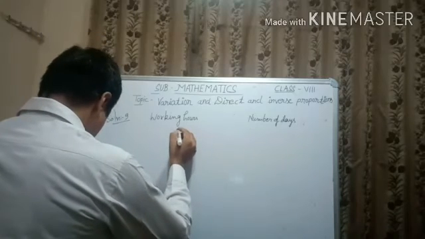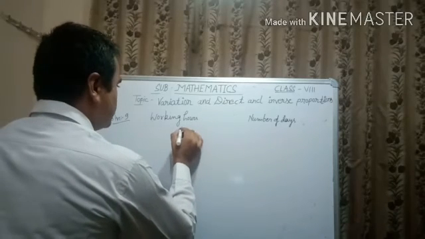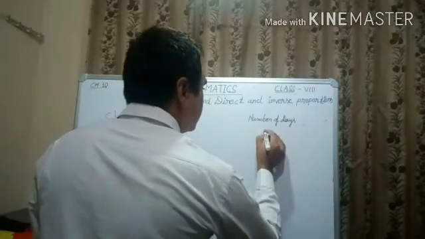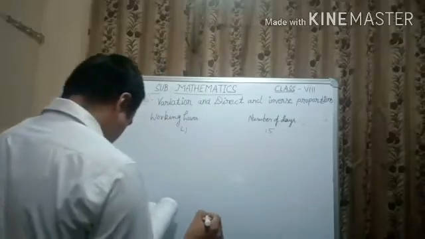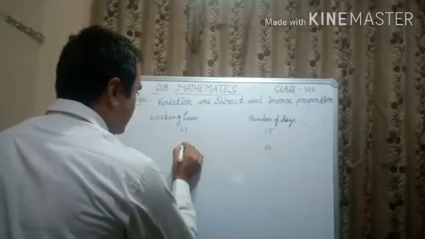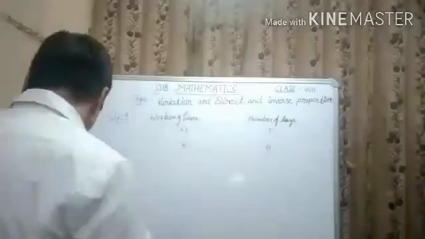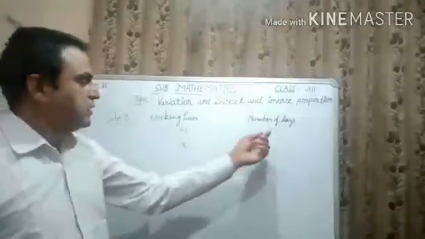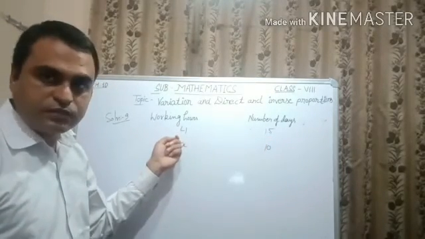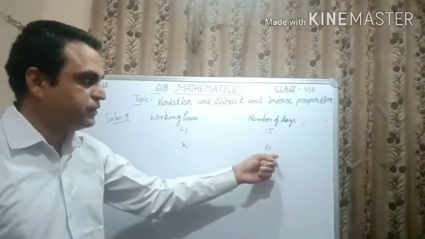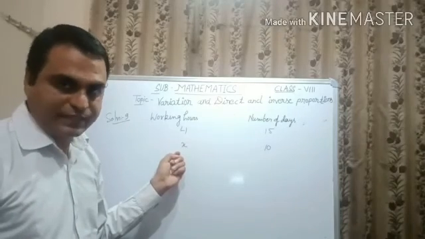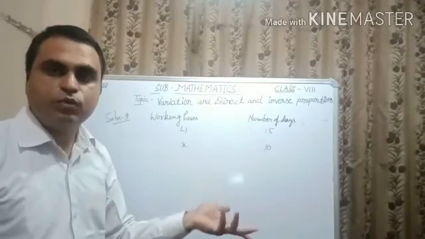If Savita works for 4 hours, then she can type the manuscript in 15 days. Now if she works for 10 days, in how many hours does she have to work daily? Here the number of days is 15. If she works 4 hours, here the number of days is less. We have to calculate the value of x. Now we get a more value.